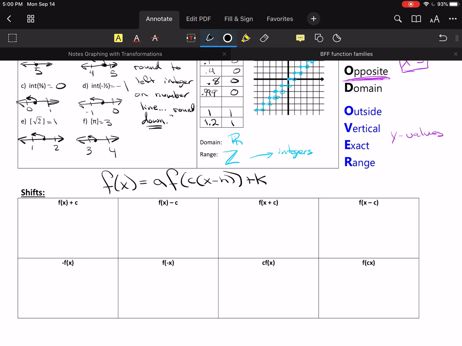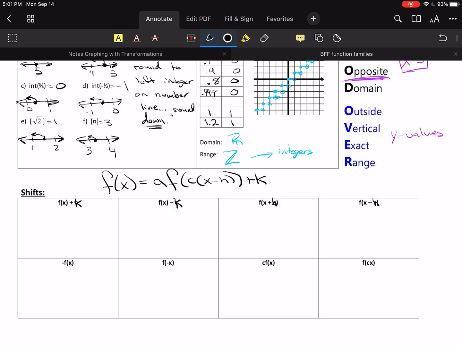All right, so that's the basic function, and you can plug in any of the function types we just talked about in for f, okay? Now, if you look at our notes here, everything's as c, so I want us to change things. So for the first two, instead of plus c and minus c, it's going to be k and k. On the inside here, where it's x plus c, x minus c, we're going to change those to h's.